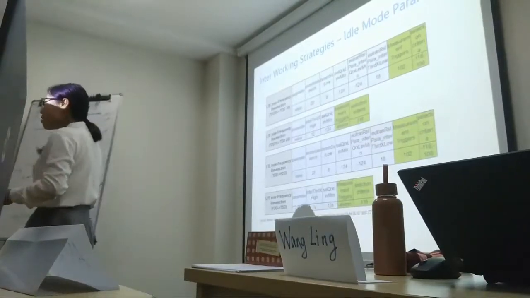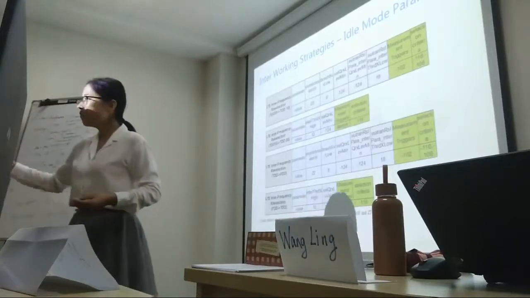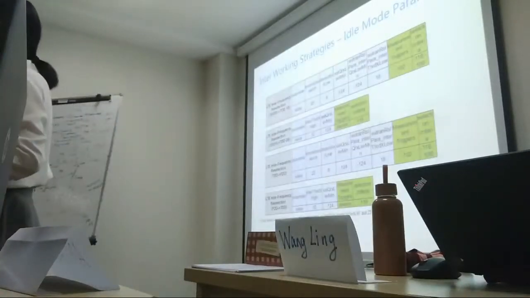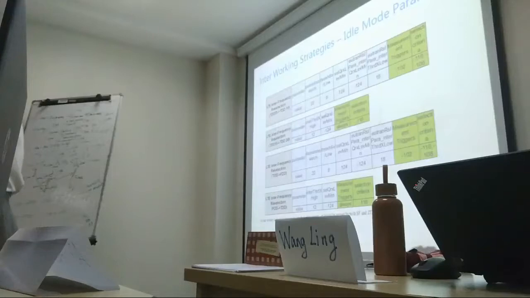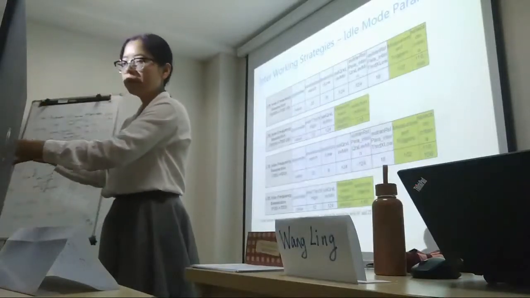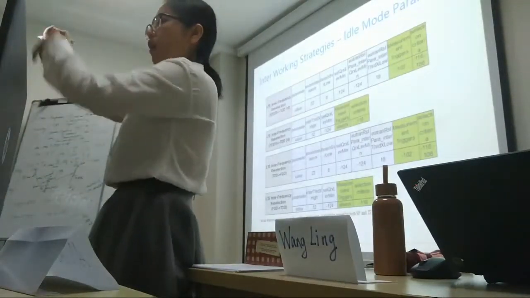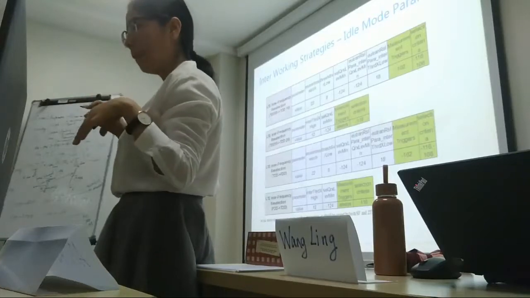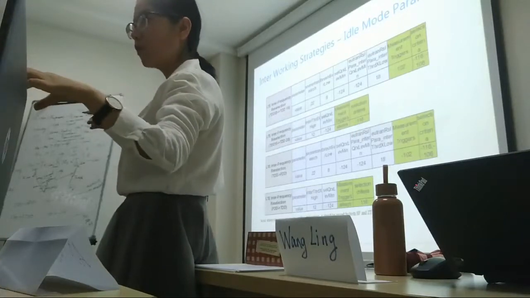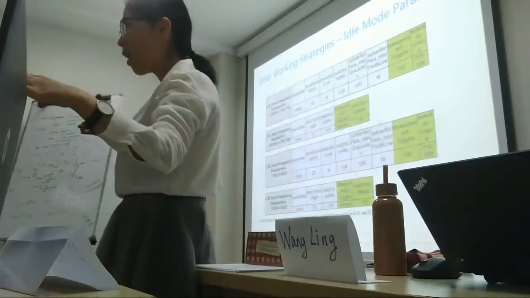TDD you have 20 megahertz resource, FDD you only have 10. You need to use the FDD to take the load balance because sometimes the TDD cell has some problem or it's already at full capacity and it cannot attach. This is a special case. Yes, for some special times.